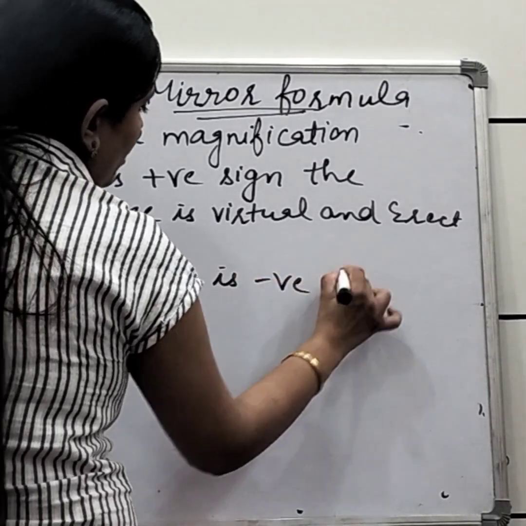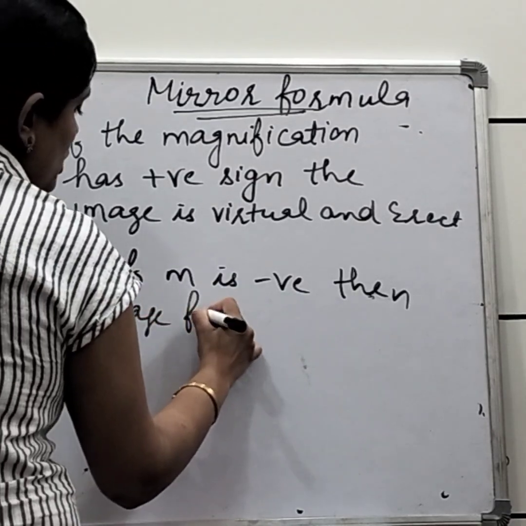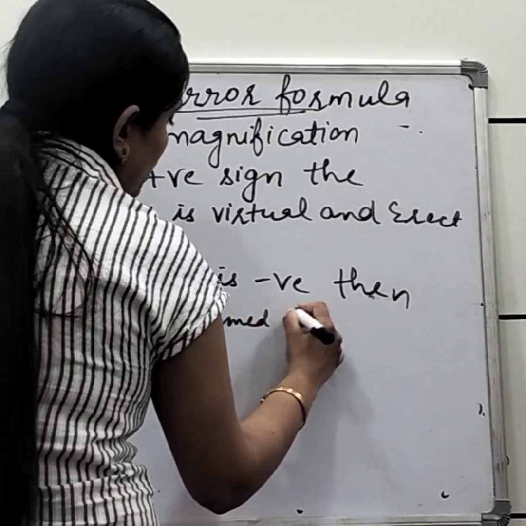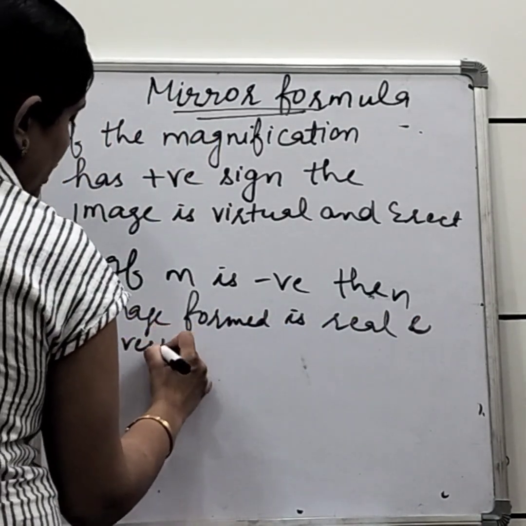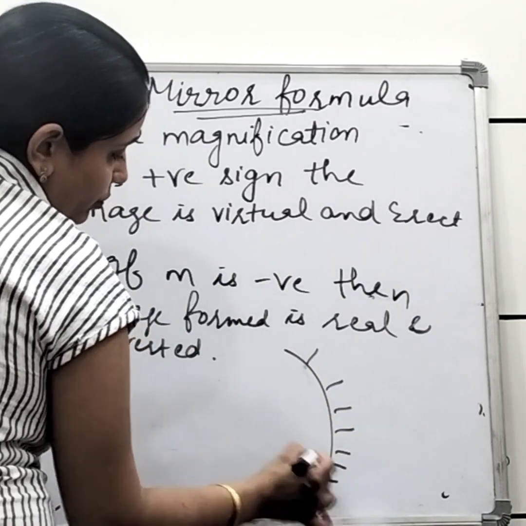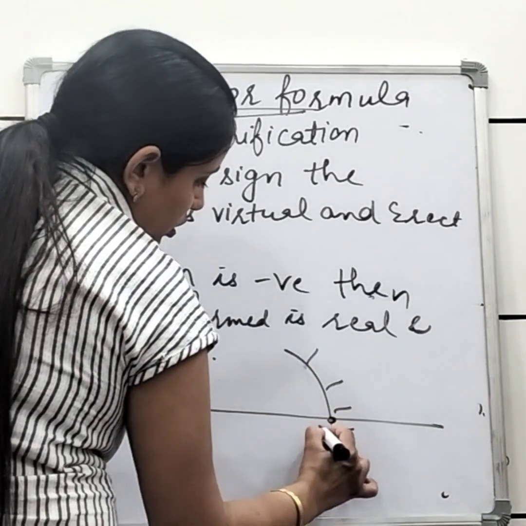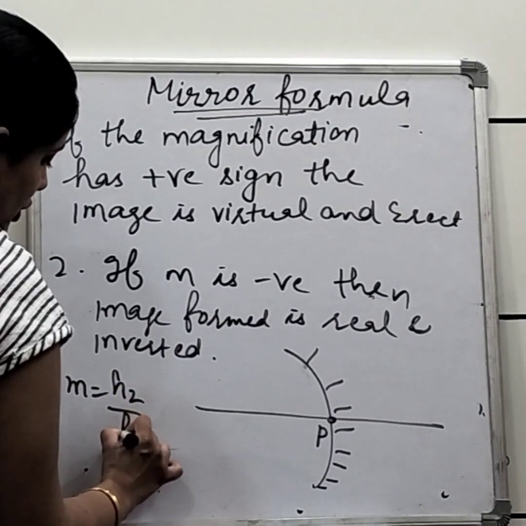But if the magnification is negative, then the image formed is real and inverted. This is a concave mirror, pole. You know that M is equal to H2 by H1.